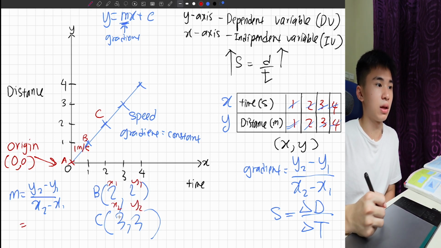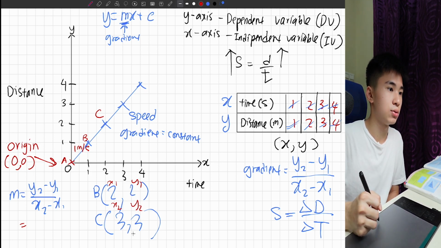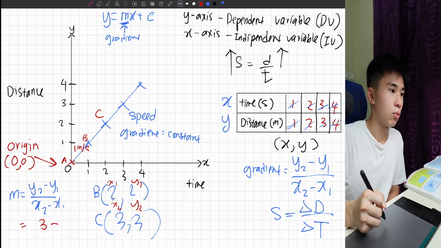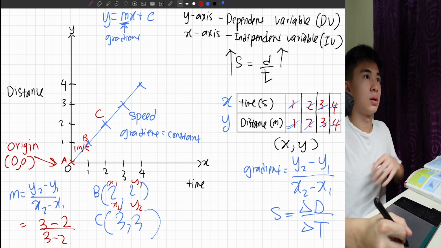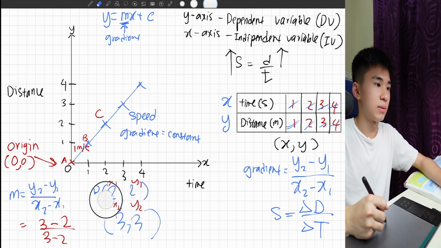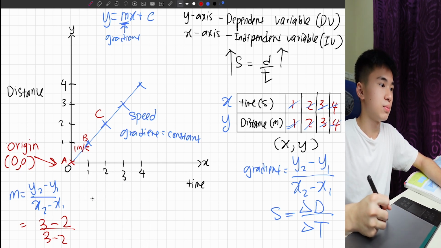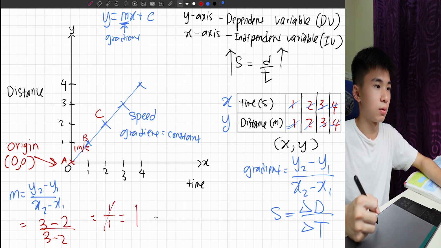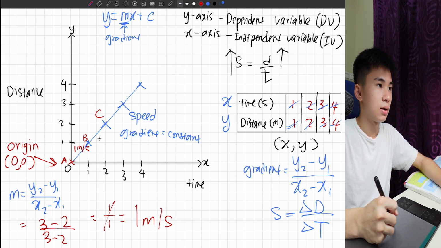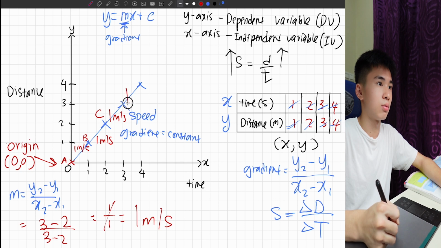So let's calculate the speed, the gradient, for these 2 points. The y2 is 3, the y1 is 2, and the x2 is 3 minus 2. If we subtract, it will be 1 over 1, which equals 1 m/s. See, it is the same. So here will be 1 m/s as well.